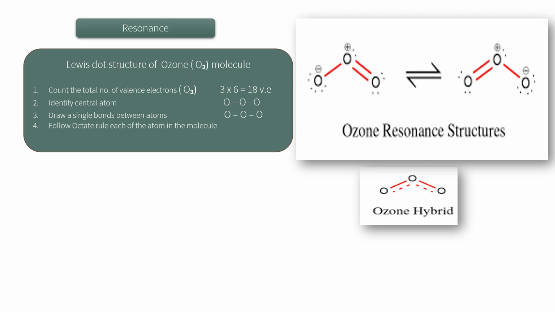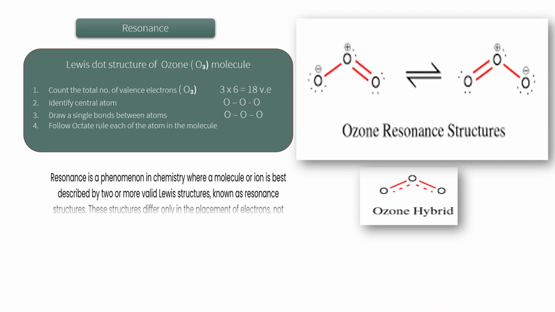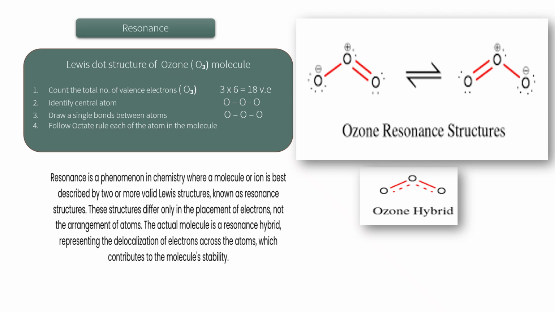Here the two structures shown are called canonical structures or resonance structures, and the third structure represents the structure of ozone more accurately. It is called the resonance hybrid. Resonance is represented by a double-headed arrow.